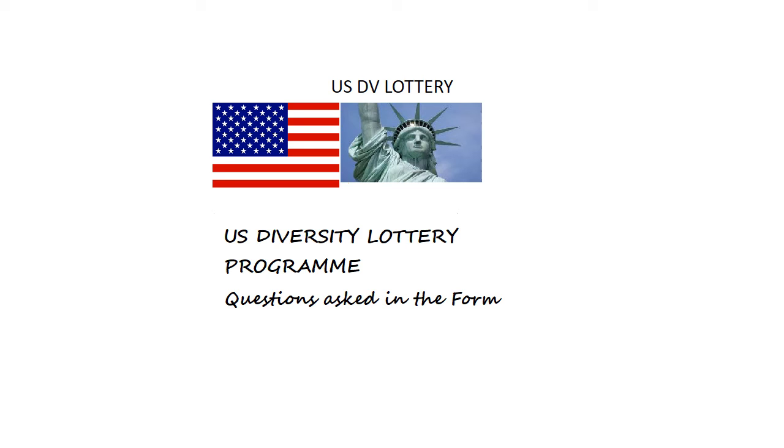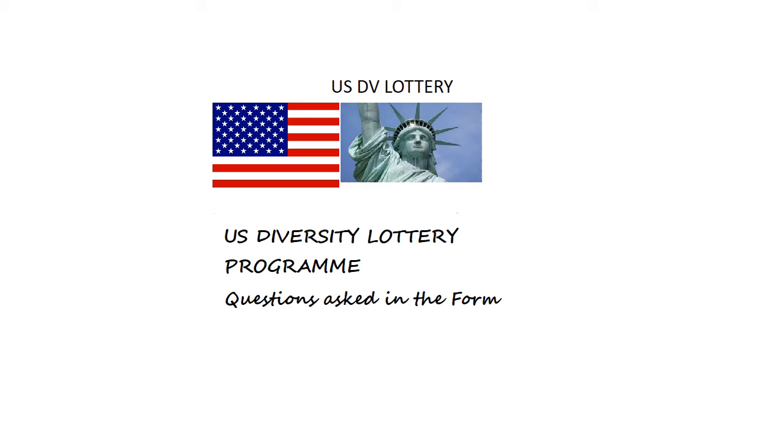Then the other point, married children and children who are already aged 21 or older, when you submit your entry, are not eligible for the DV program. Also, please note that if you submit your DV entry before your unmarried child turns 21 and the child turns 21 before visa issuance, it is possible that he or she may be treated as though he or she were under 21 for visa processing purposes.